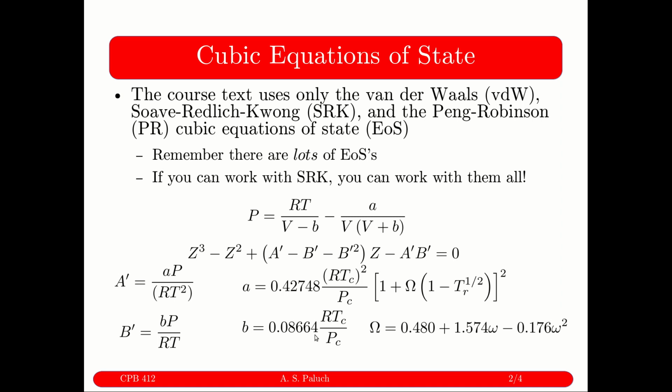The challenge we have when we try to use cubic equations of state to model mixtures is that in a mixture we have both interactions between, say, component 1 and component 1 and component 2 and component 2, but now we have cross interactions, right? Cross interactions for a binary system would be interactions between component 1 and 2. And so it's challenging to predict how these two different molecules are going to interact just based on pure component descriptors.